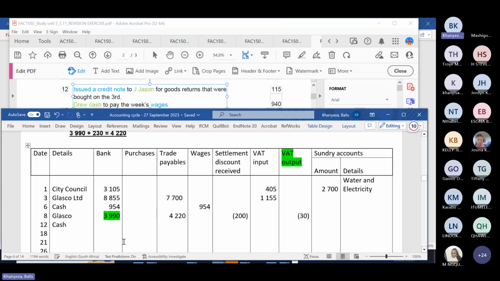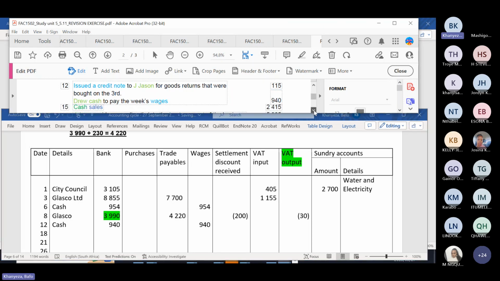How much is it? 940. The clerk normally picks these things from the bank statement. So we have wages. Wages do not have VAT. Then we move on.